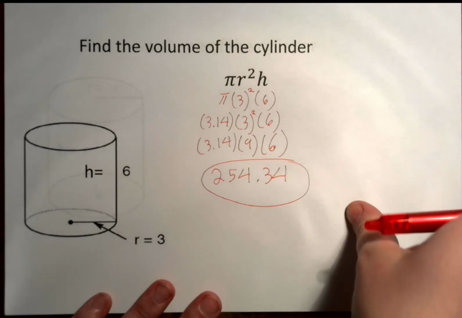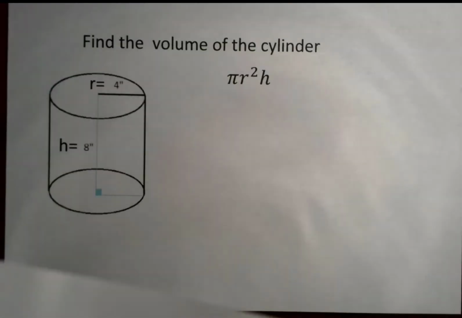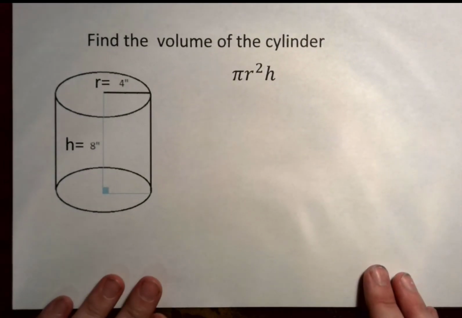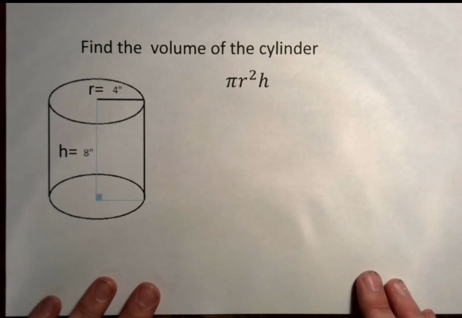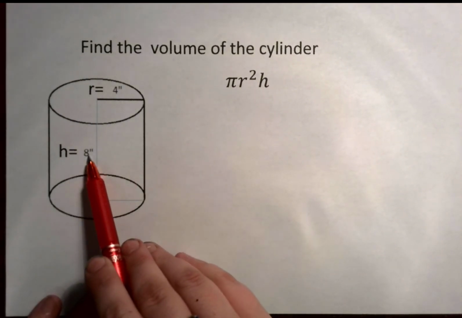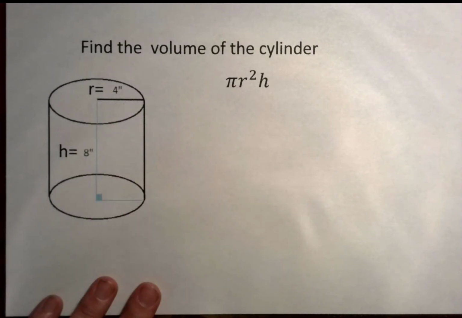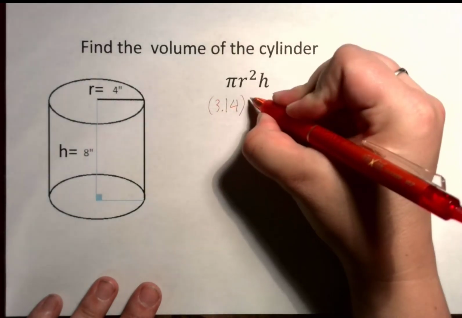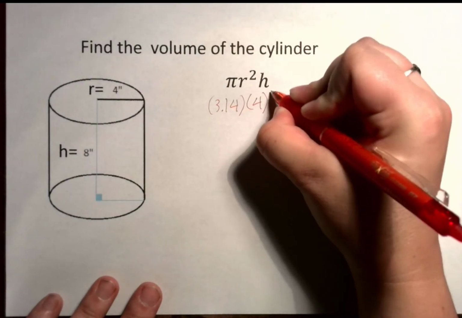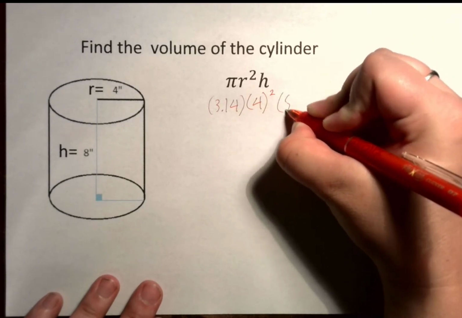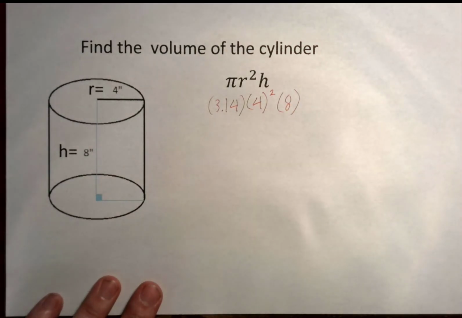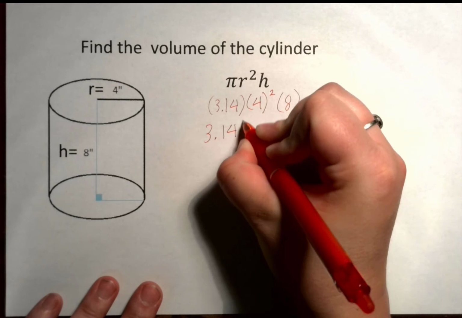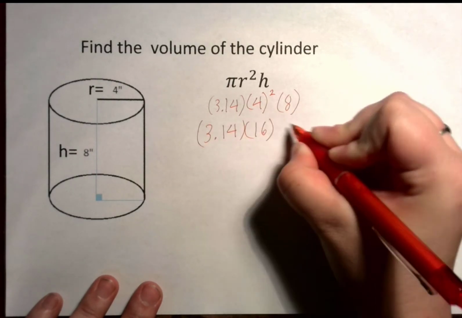Okay, let's look at one more. Okay. So in this one, I'm given 8 as my height and 4 as my radius. So again, 3.14, 4 is my radius, four squared is 16, times 16 times 8.